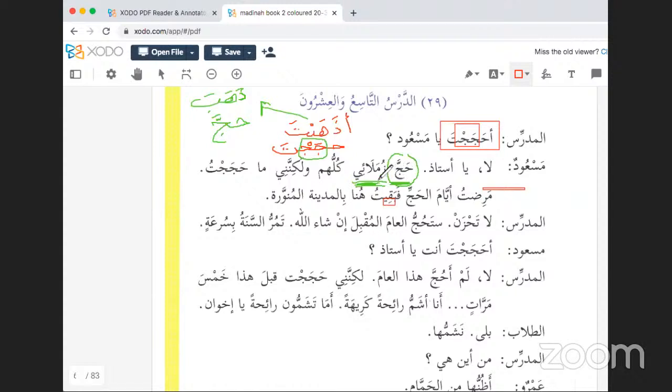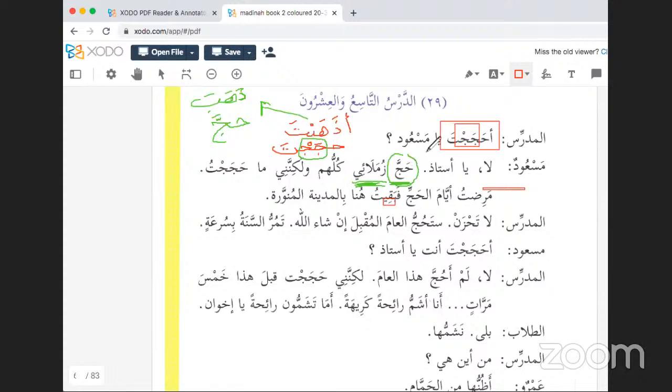Or hajja zumala'i thumma dhahabu ila Juddata, for example. Then they went to Jeddah. But when the verb comes before the fa'il, before the dhikr of the fa'il, if the fa'il is jam', then the fi'l is going to be in the mufrad form.